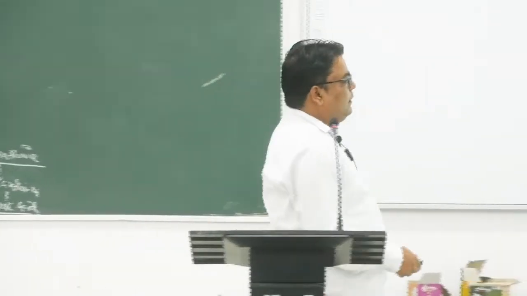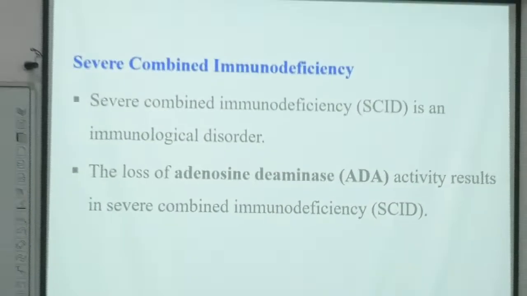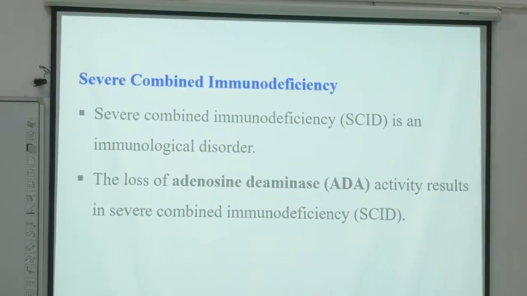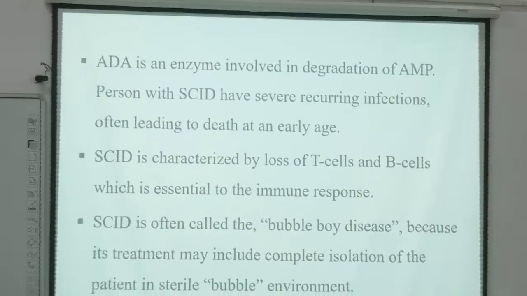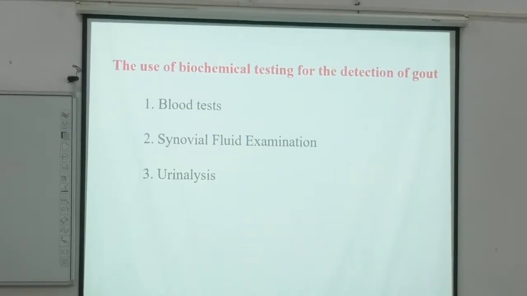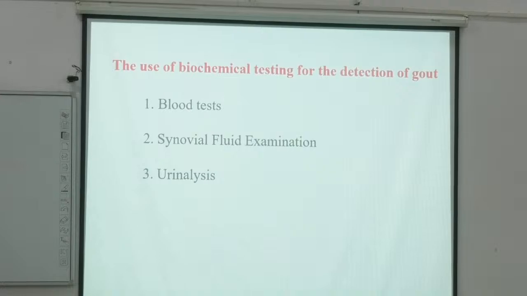Treatment I have already given. Now severe combined immune deficiency, that is another disorder. There is adenosine deaminase deficiency. We have some biochemical tests: blood test, synovial fluid examination, urinalysis.